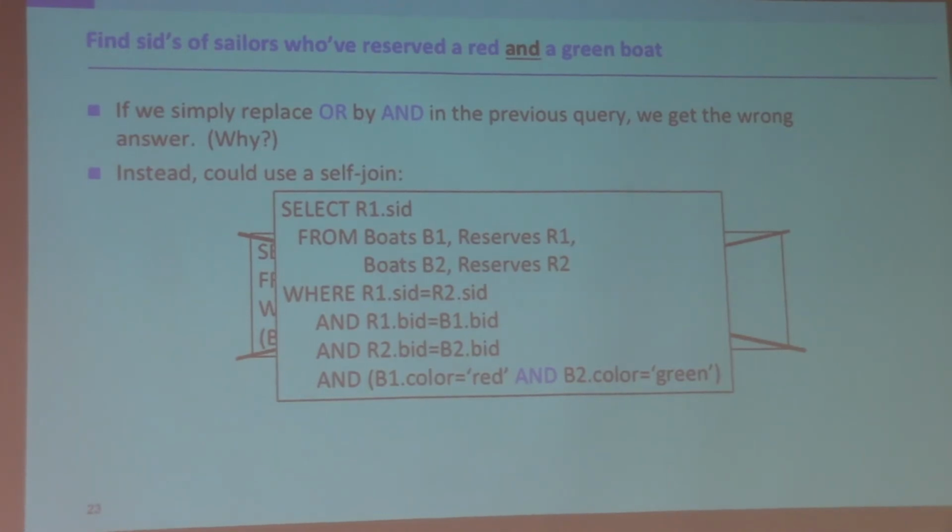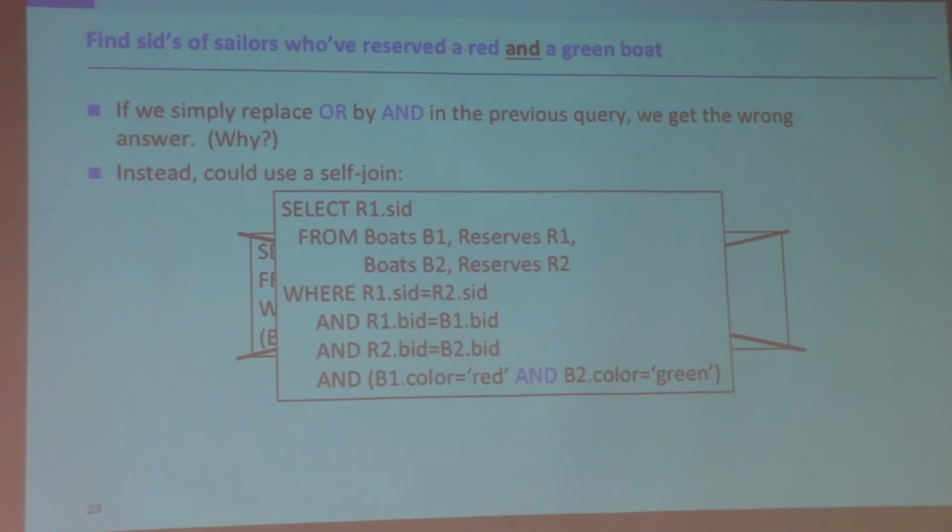So I am just creating two instances of the same thing to do this. You can have multiple ways to write this, you can try different expressions, but does anyone have a question on how we derived this one? So we have two copies, Boats 1, Reserves 1, Boats 2, Reserves 2.